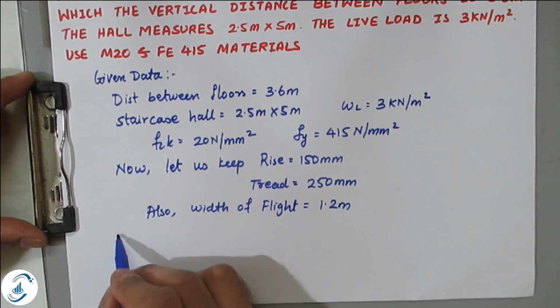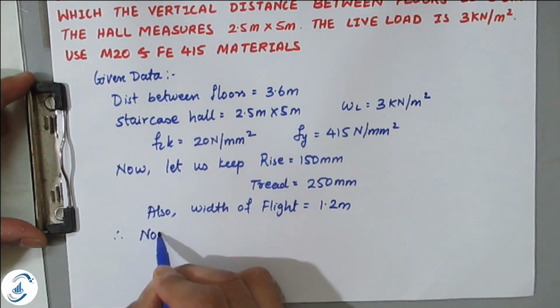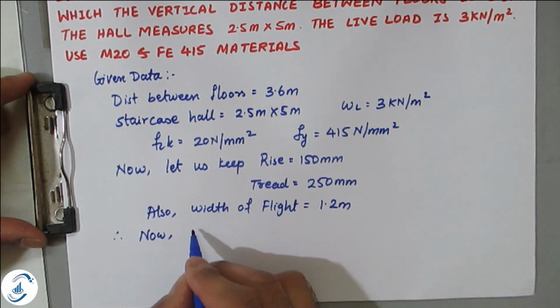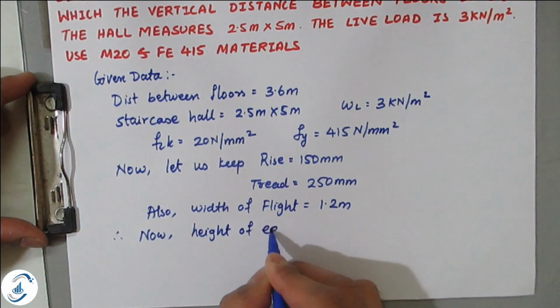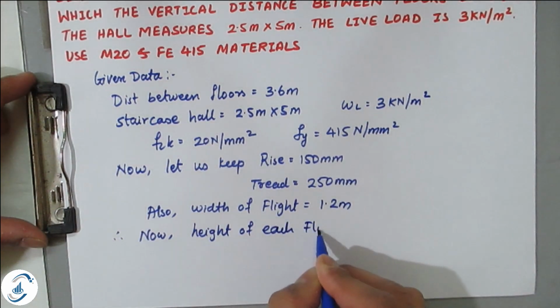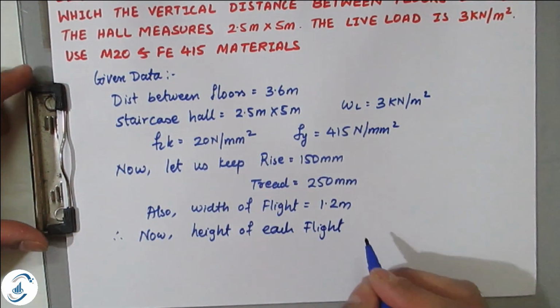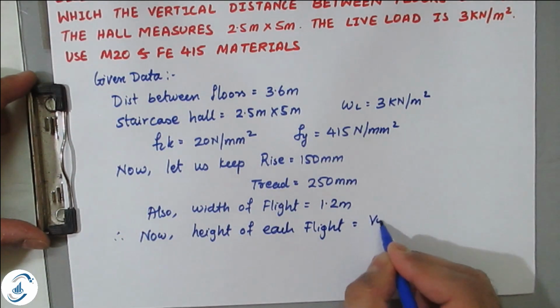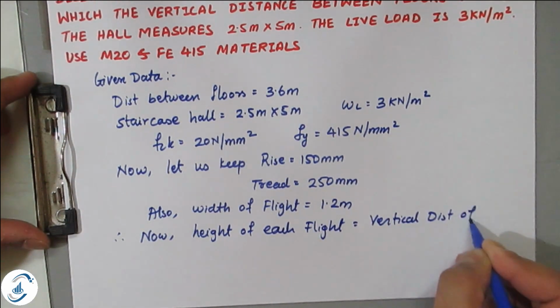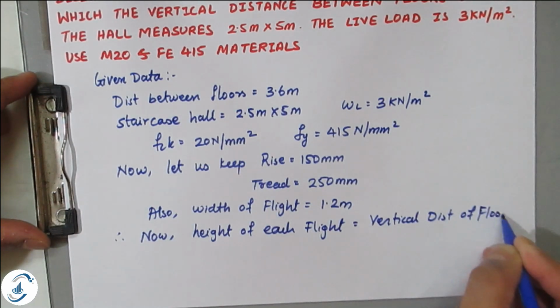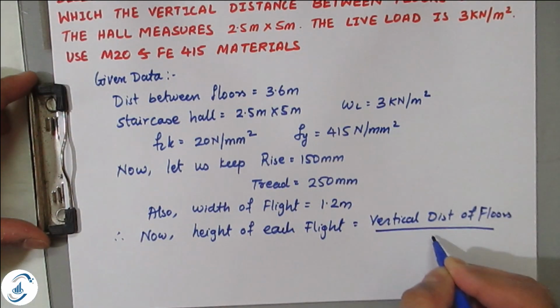Now the height of each flight we have to find out. Height of each flight is equal to the vertical distance of floors divided by 2.